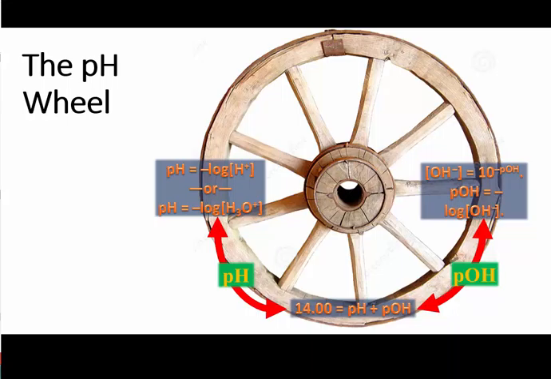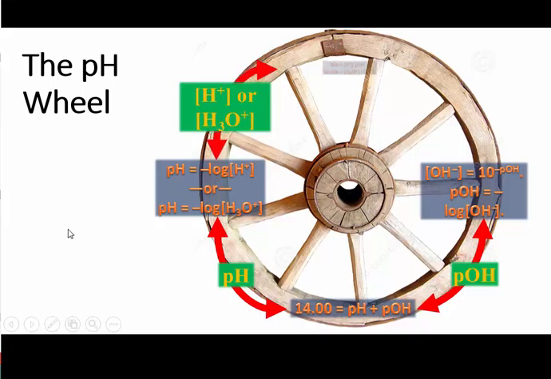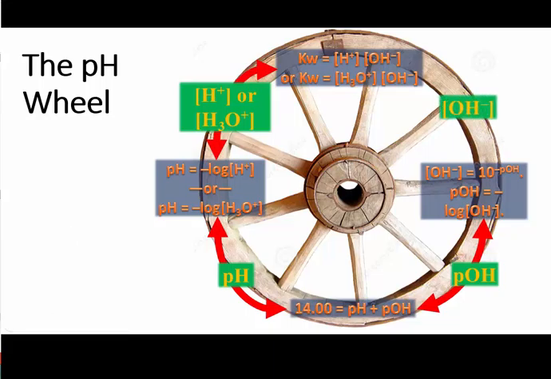All right, now that I fixed that little notation error, from both these places we're able to get to the hydrogen ion concentration, and from that we're going to get to this other thing we're going to talk about today, and from the hydroxide ion concentration we get to the same place. So this is why I call it the pH wheel, because you can go in either direction. You can start from any one of these values and go in either direction to get all the others.